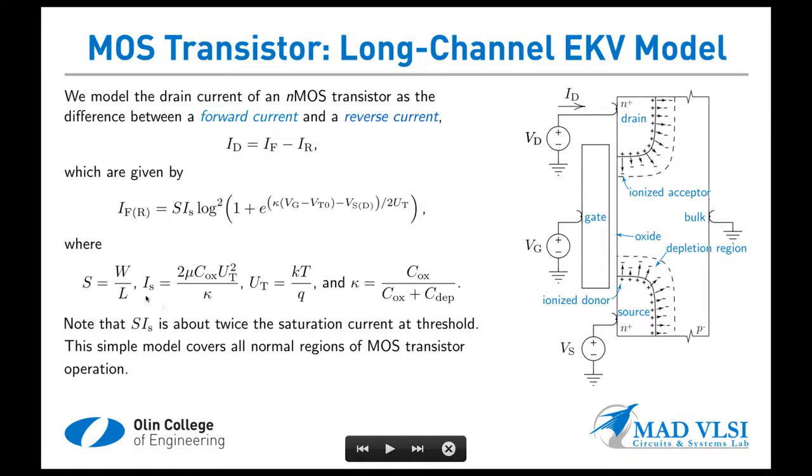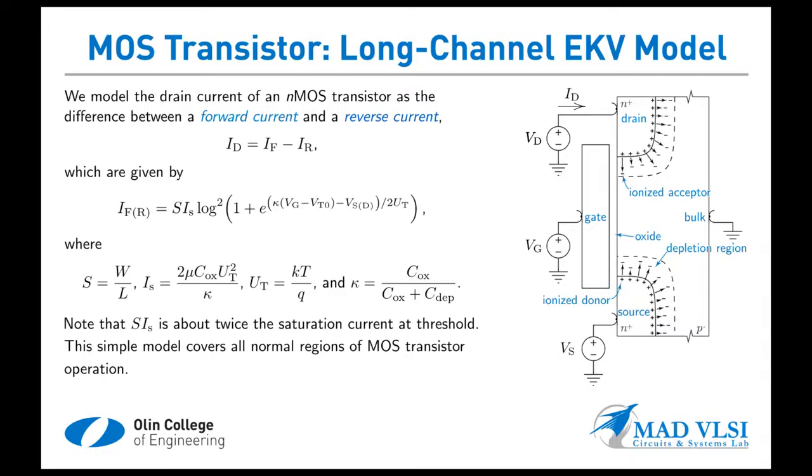Here the specific current times the strength ratio turns out to be just about twice the saturation current that the device will have when it's just at threshold, when the argument of the exponential up here is equal to 0. So it turns out that log squared of 1 plus 1 is a log squared of 2, and that turns out to be like 0.49 something. So it's very close to a half, and so it's approximately twice the saturation current just at threshold.